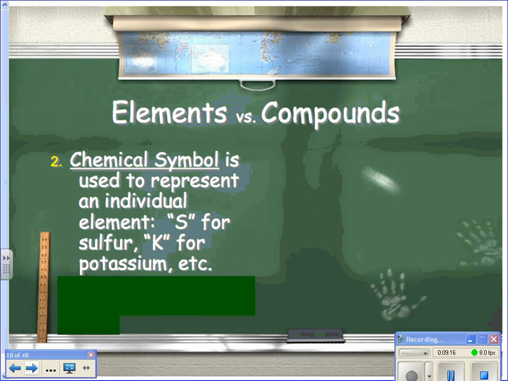Now, why don't they use a capital P instead of a capital K? Well, there are a lot of elements on the periodic table, 92 natural elements, and when they were first being named a couple hundred years ago, they were given Latin names, a lot of them. So potassium has a name that starts with K, and a capital P would be a different element on that periodic table.